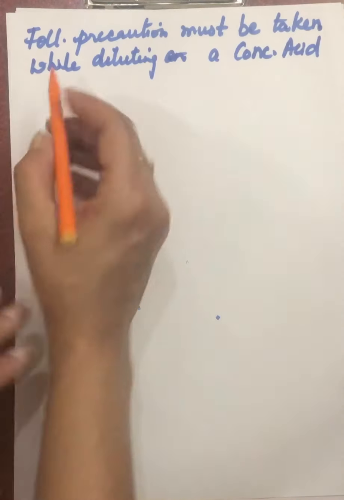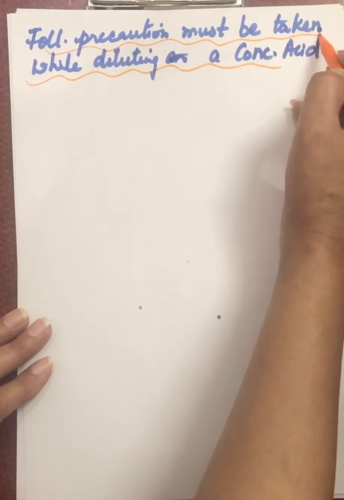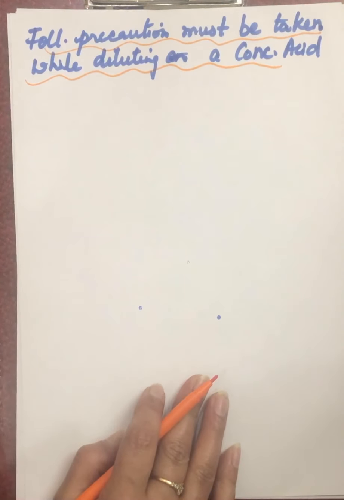And this question is very, very important. What care has to be taken? Normally, when we are diluting something, we add water to that. But in this case, it is the other way.